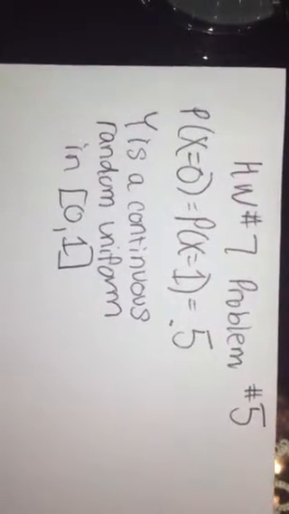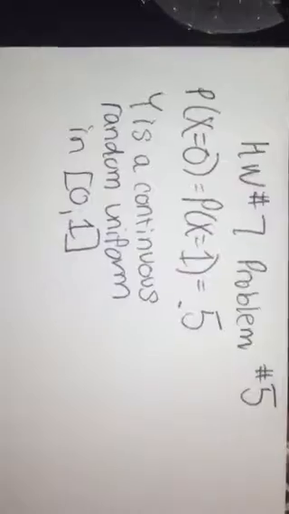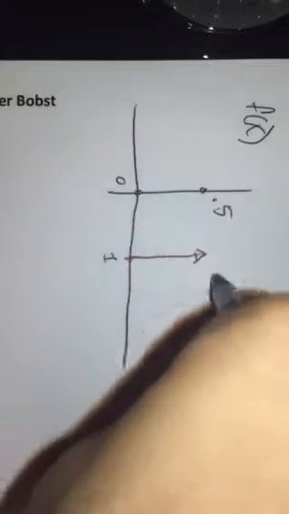So the first graph, f of x, looks like this, where there are two impulses at 0 and 1 of 0.5.